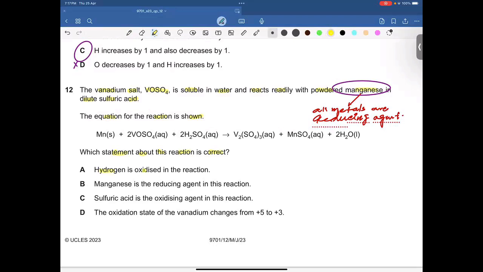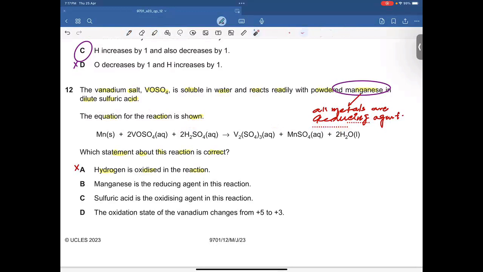Hydrogen is oxidized in this reaction. Well, the oxidation state of hydrogen is +1 here, +1 here, and also +1 here, which means the oxidation state of hydrogen on both the product and reactant side will remain the same, so hydrogen is not oxidizing, and therefore A is an incorrect option.